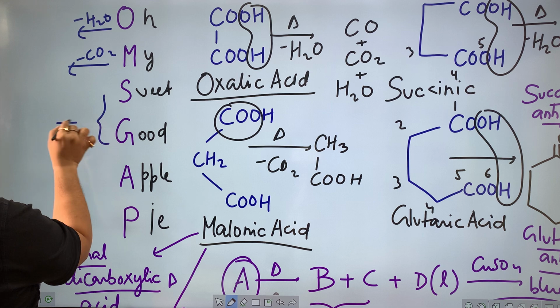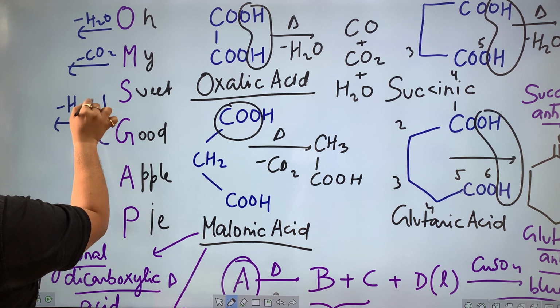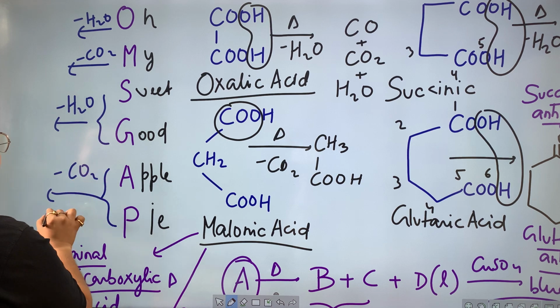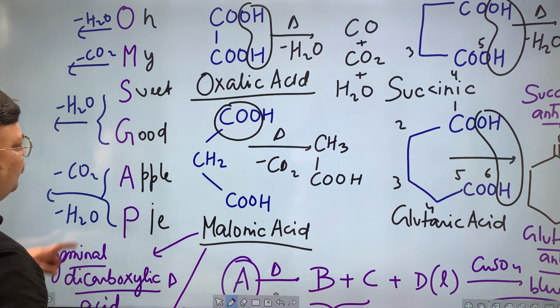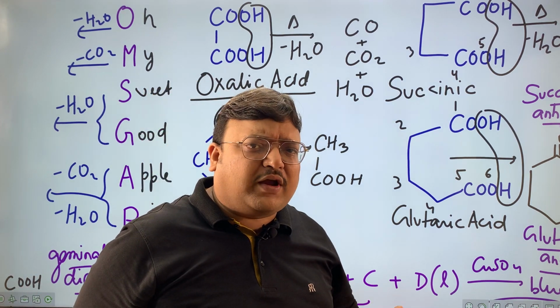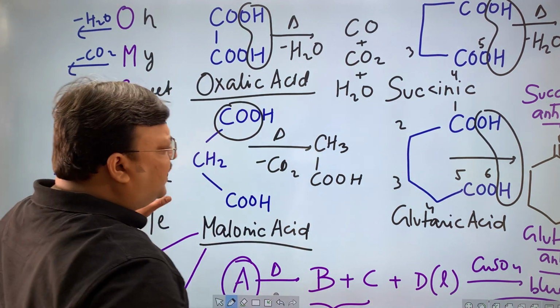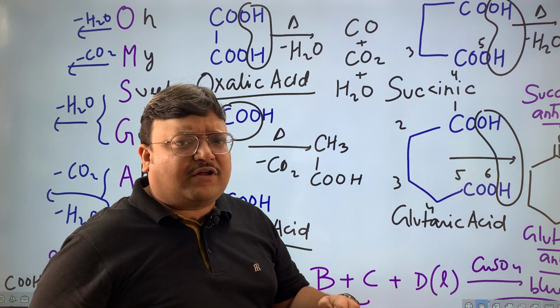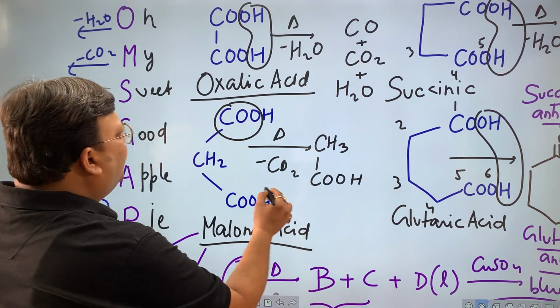Succinic, glutaric, loss of water forming anhydride, and adipic, pimelic, it will be loss of carbon dioxide as well as water. For the last two, both decarboxylation and dehydration will give you a cycloketone. I think if you go past these results, you will be able to solve any question which is based on the heating effect of dicarboxylic acid.